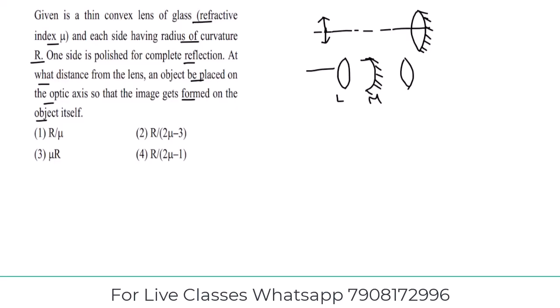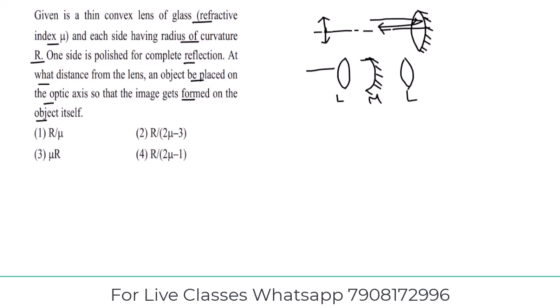So the ray goes through the lens, reflects from the mirror, and again comes here and forms the image. So it is basically two lenses and one mirror.